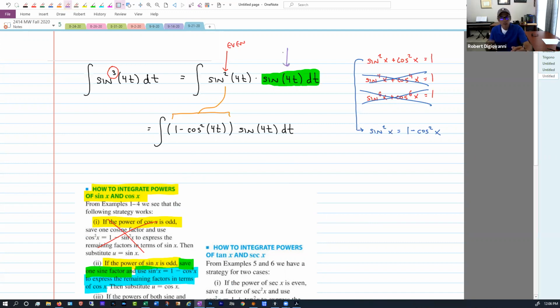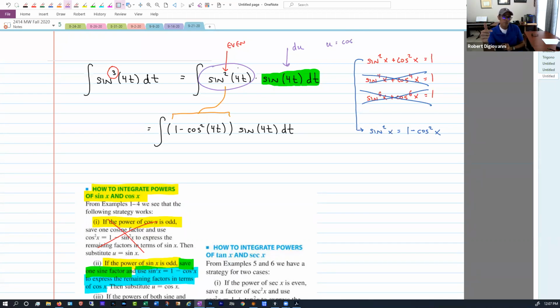We are trying to program this problem for this to be our du on a basic U sub. That means our u needs to somehow have cosine in it. So because it's an even power of sine, I can use the Pythagorean identity to switch it to cosines, and now I can make a basic U sub.